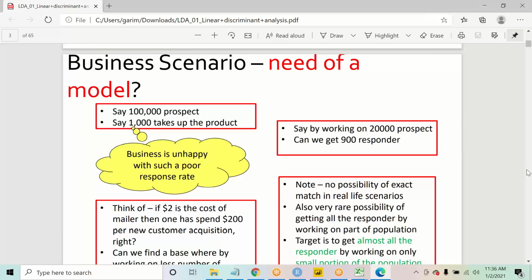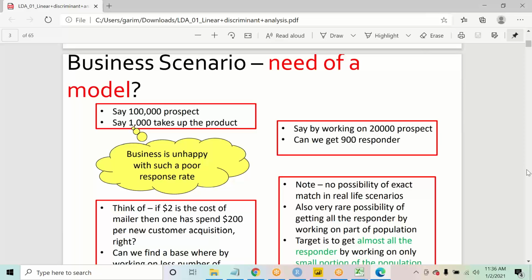You got 1 lakh pamphlets, the cost of one pamphlet was $2, and you only got 1,000 customers. So you had to spend $200 in order to acquire one customer.